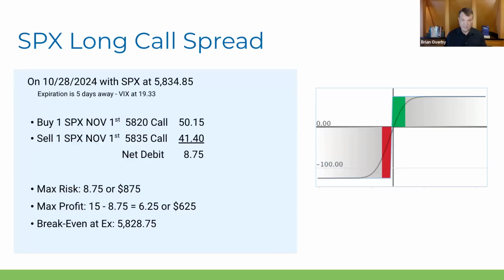Okay, so you have 6 points that the market can stay within, and you're still profitable. So if the market drops 6 points, this trade is still at break even.